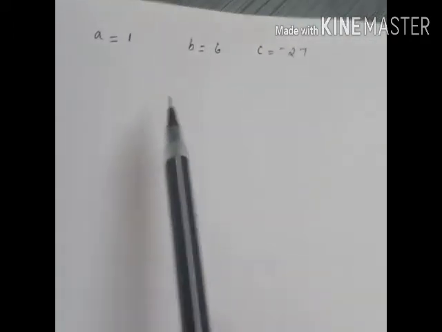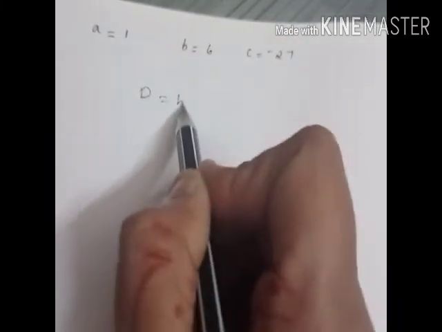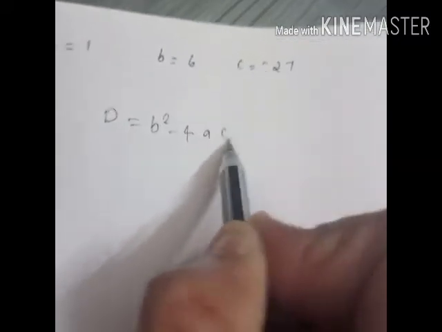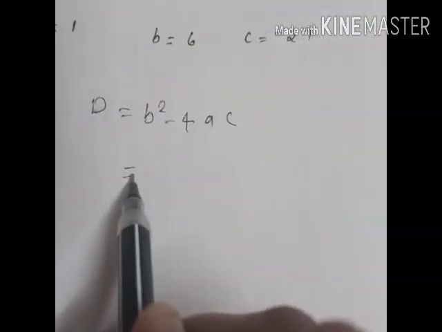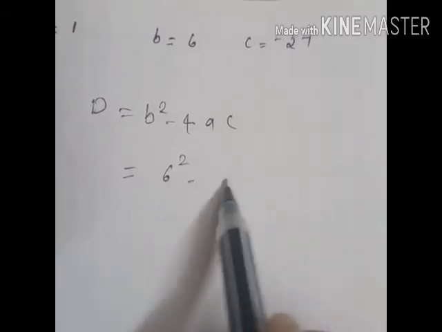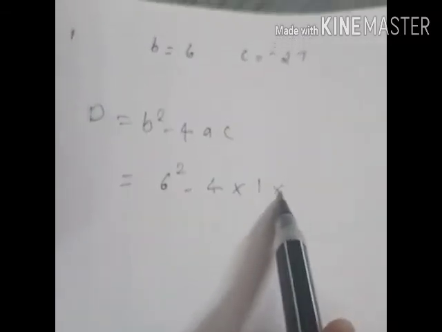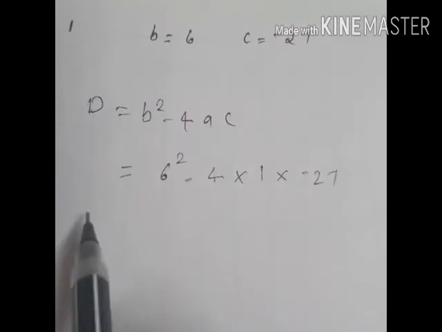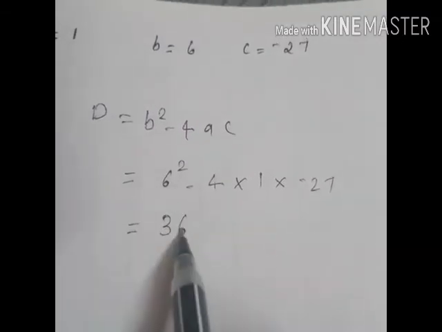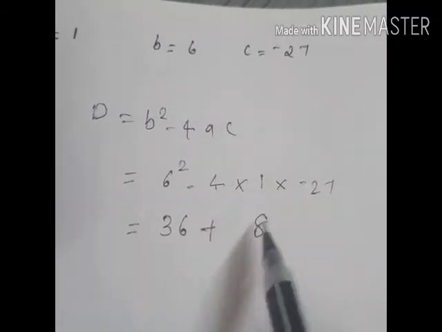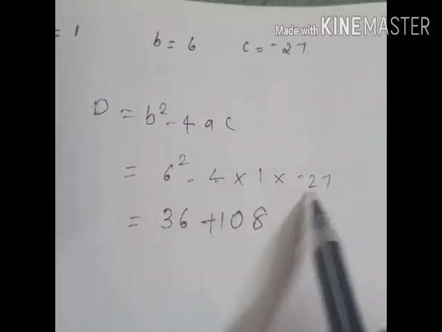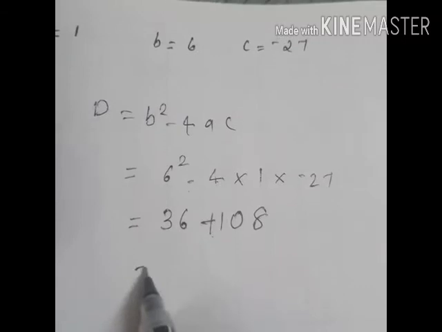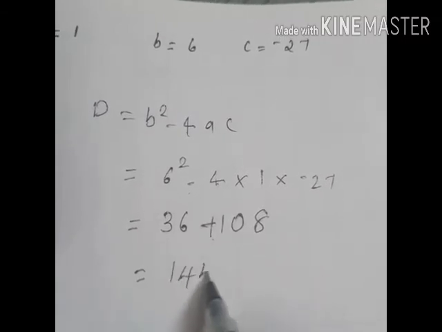Then we have to find the discriminant, b square minus 4ac, that is 6 square minus 4 into 1 into negative 27. This is equal to 36 plus 108, since negative into negative is positive and 4 into 27 is 108. This is equal to 144.